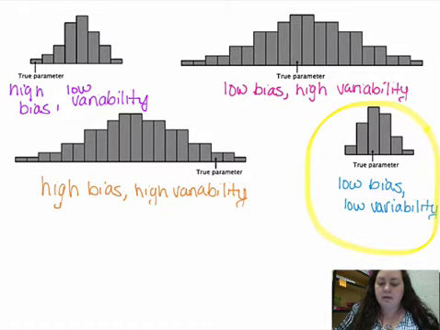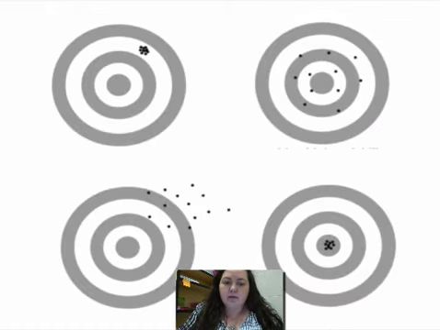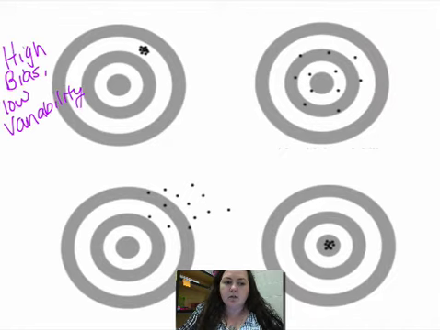So we want to have a large amount of samples, and we want to make sure that we randomize. Randomize to reduce bias. All right, so this is just another way of looking at it. Instead of histograms, we have targets, with the center being where we want to hit. This one has a high bias. It's very far from my target, but a very low variability. Everything was kind of close, all in one small section.